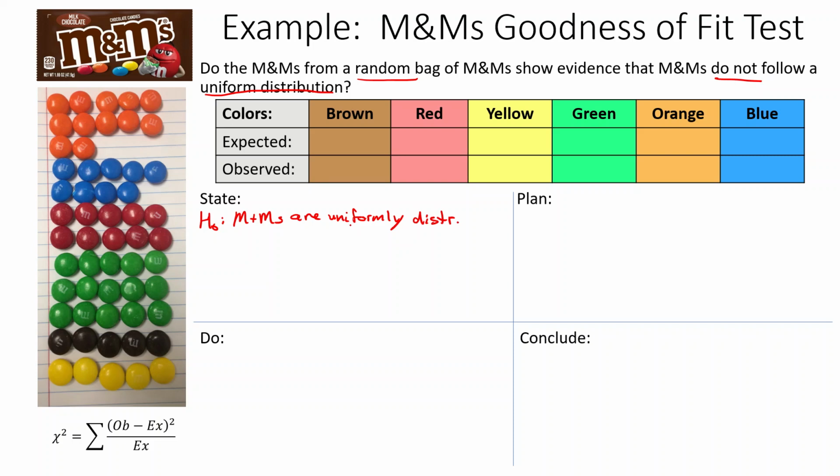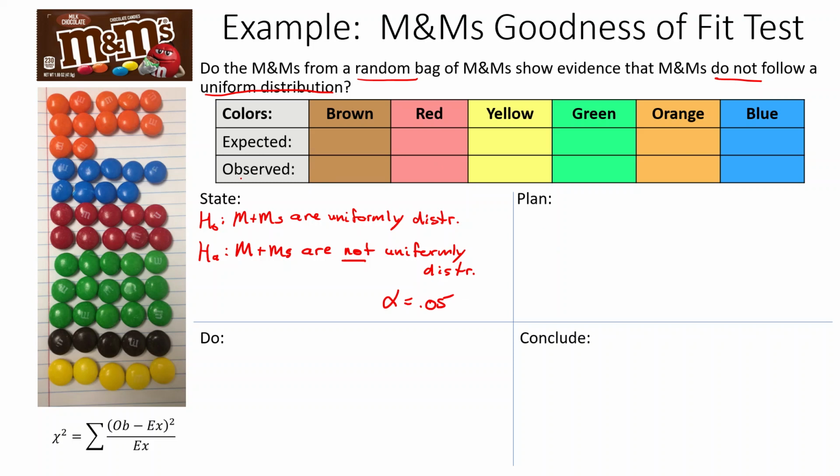That means there should be the same amount, or roughly the same amount, of each color. And our alternative hypothesis is that M&Ms are not uniformly distributed. We'll use an alpha value of 0.05 like usual.